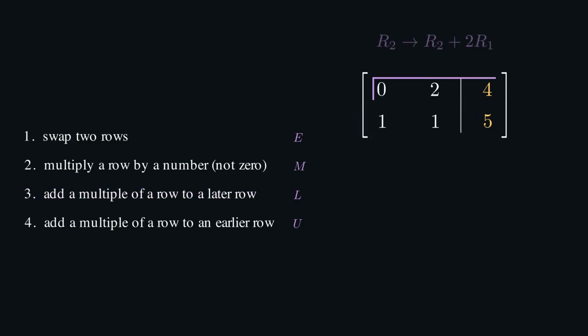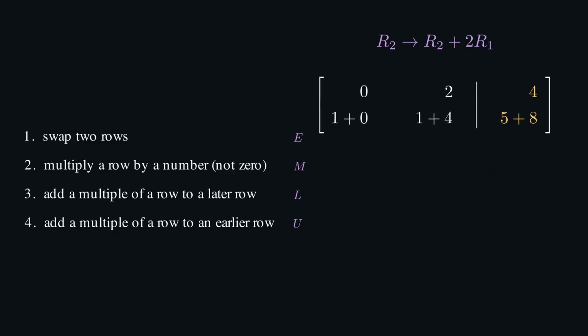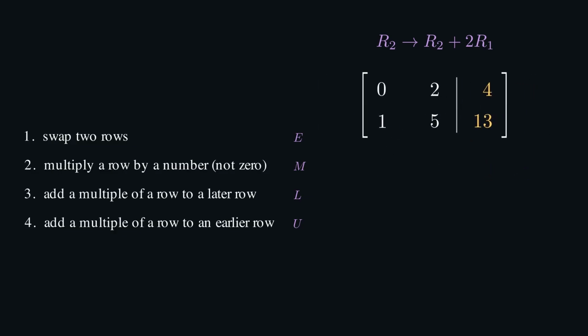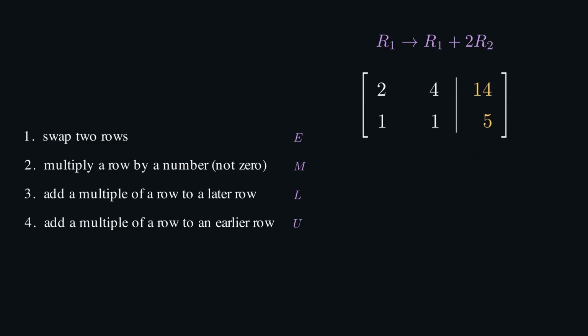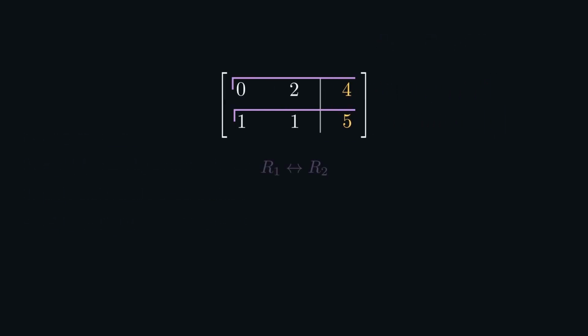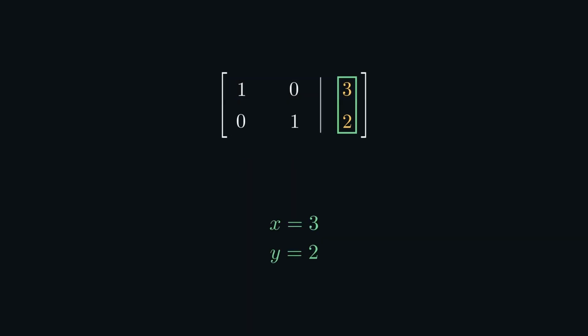L refers to taking one row, multiplying it by some scalar, and then adding or subtracting it to a lower row or a row below it. Similarly, U is the same as L, but upwards, so taking a lower row, multiplying it by some scalar, and then adding it to the upper. Using these elementary row operations, we can transform our matrix into a reduced row echelon form.